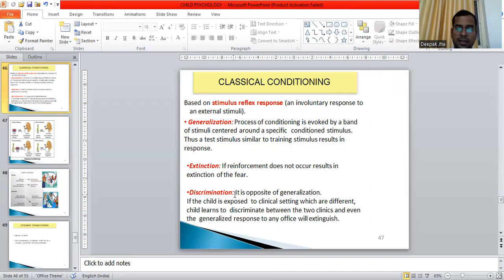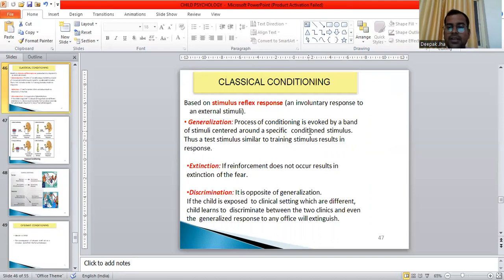Next is discrimination. Discrimination is the exact opposite of generalization. In generalization, the child got an injection and felt the pain. Now let us consider another trained dentist who gives the injection to the child in a very painless manner. He applies the topical, uses a technique, and the injection given this time did not cause discomfort.